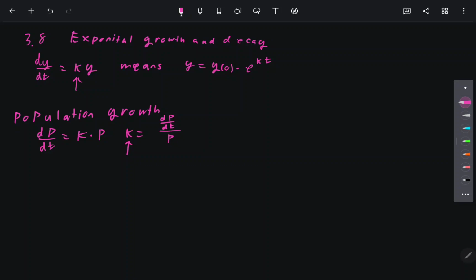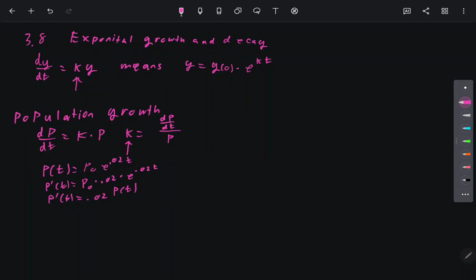If we are given the function P of t is equal to P naught times e to the 0.02 t, and we want to know its growth rate, well, P prime of t is going to be equal to P naught times 0.02 times e to the 0.02 t, which is really just P. So we get P prime of t is equal to 0.02 P of t.